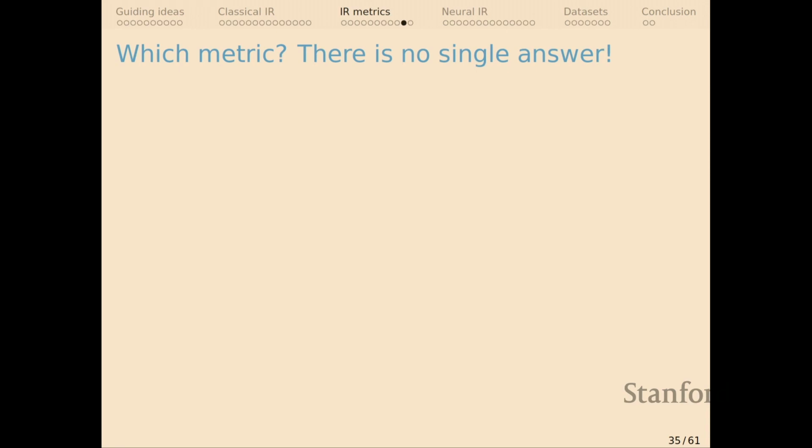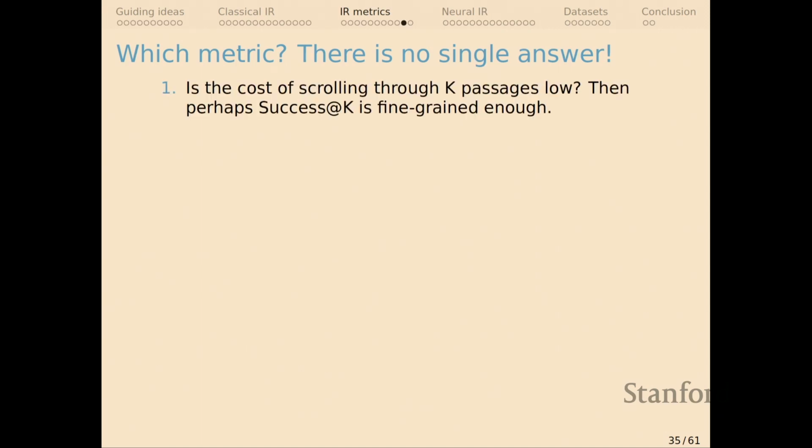I kind of alluded to this before, but here's a partial list of things you could think about. Which metric? Fundamentally, there is no single answer. Is the cost of scrolling through K passages low? Then maybe success at K is fine, because you don't care whether it was at position 9 or position 1. What you really care about is that the user is confronted with the success that they can easily find.